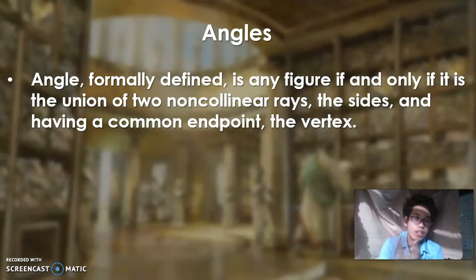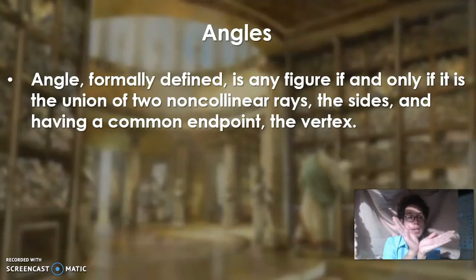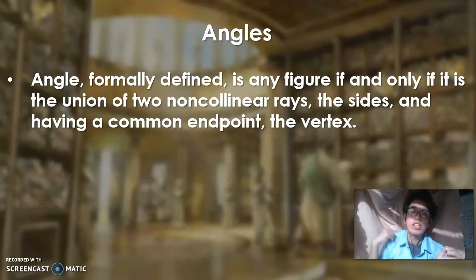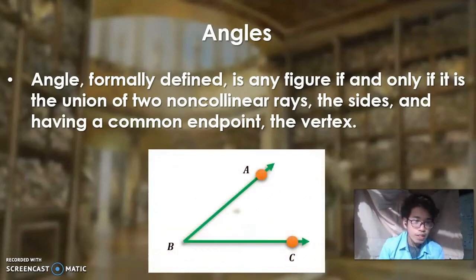So these rays are either going opposite ways, or sometimes not opposite ways. They're kind of just opening, but they don't lie on the same line. And since a ray has an endpoint, those two non-collinear rays have a common endpoint, and we call that the vertex. So that's an example of an angle. We can name that angle ABC, angle CBA, or angle B.